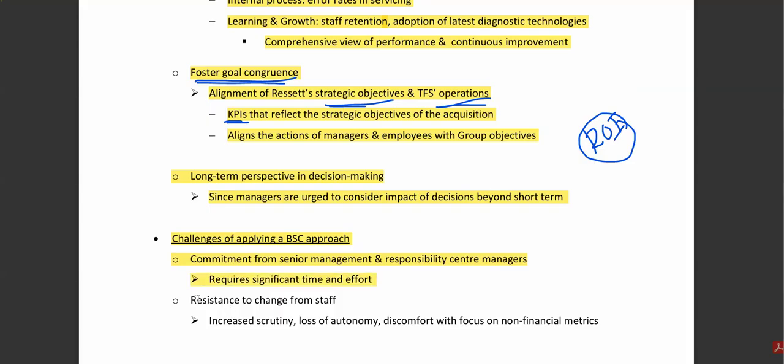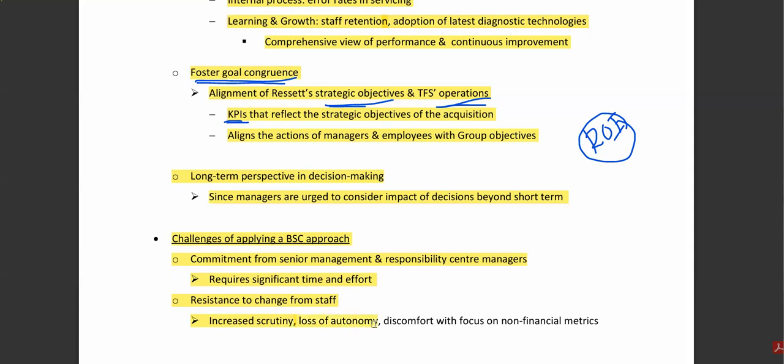And there can be resistance to change from lower level staff too, because previously they may not have been held responsible for something such as a turnaround time. And now you are also asking them to make sure that you achieve a certain target with regard to delivery of work to the customer, and they might perceive a loss of autonomy.